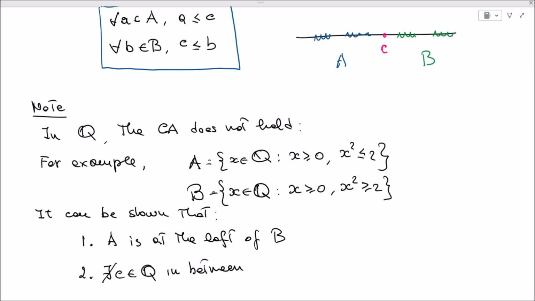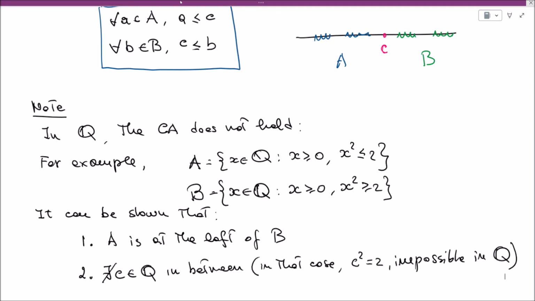In fact, in that case, this separation point C should be such that C squared is equal to 2, but this is impossible in Q, right? So there is no separation point, so the continuity axiom does not hold.